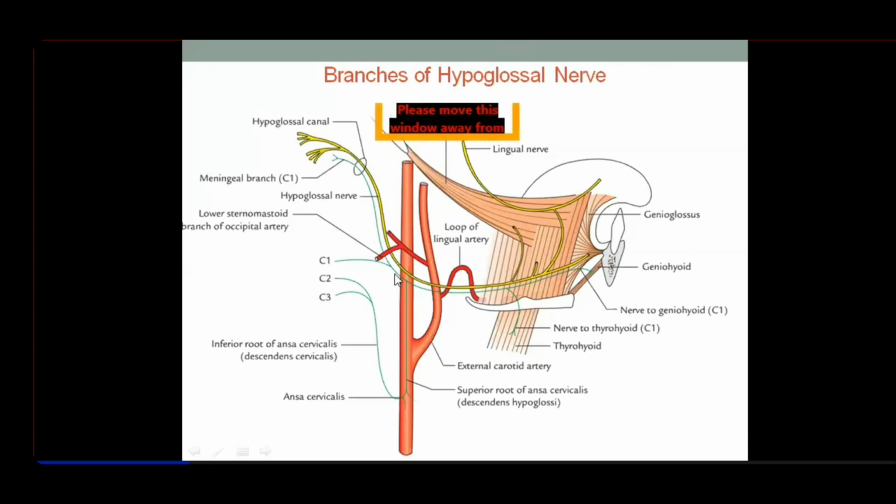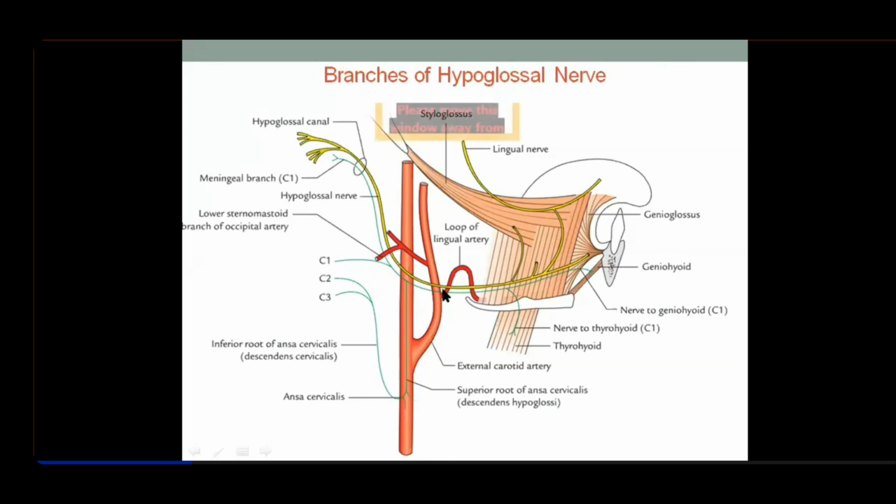Then another branch from this C1 component, along with the hypoglossal, is the descendens hypoglossi, or the upper root of the ansa cervicalis, right? This descends down like here. Then this loop supplies the suprahyoid muscles and infrahyoid muscles. I'll tell you the muscles innervated; we'll discuss later on.